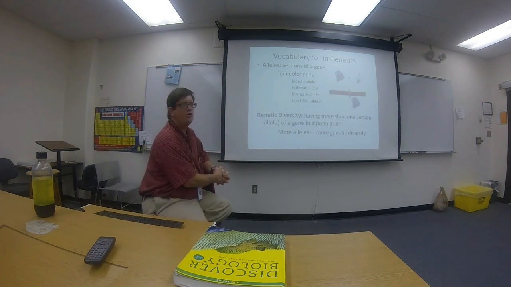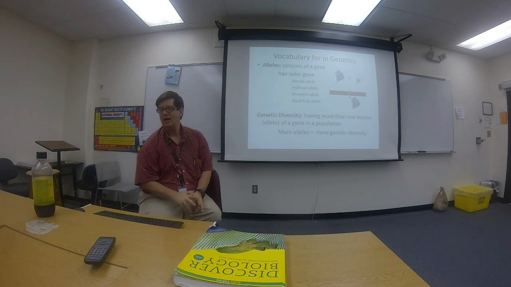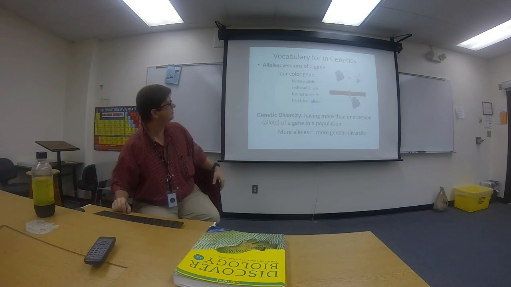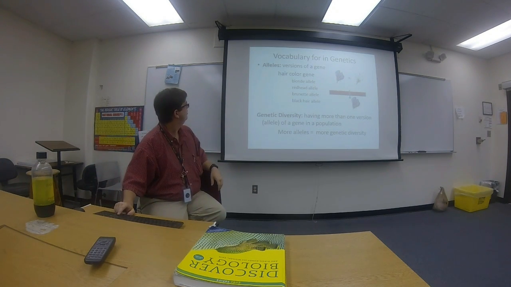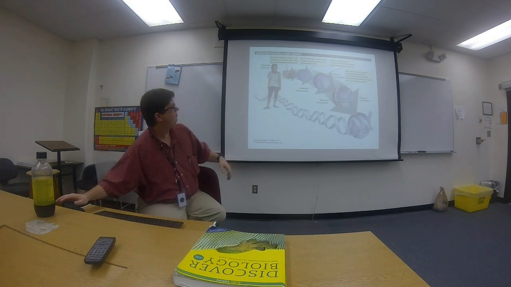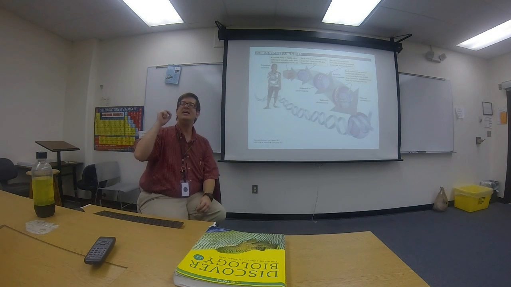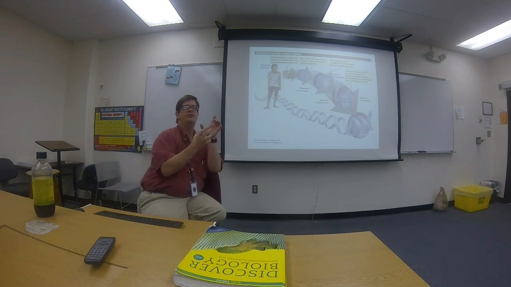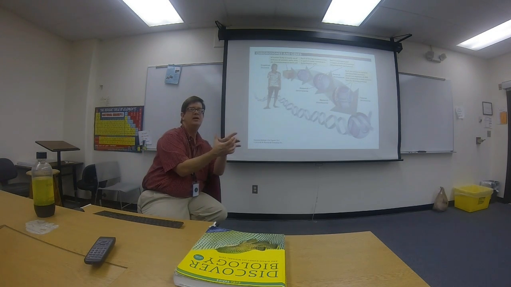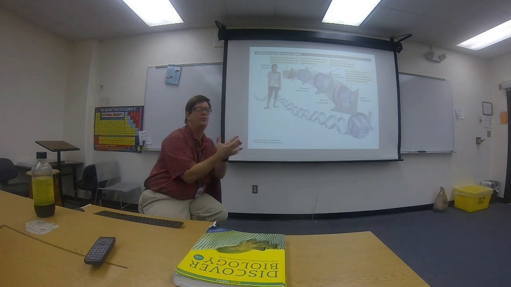So, more nerd words for genetics. Allele is a version of a gene. So, you would agree that right here in this drawing we had two of the same allele, the dominant allele. Right here we had a dominant allele and a recessive allele, but they're still the same gene. Anytime you are doing things that are still the same gene, it has to be the same letter when you do genetics.